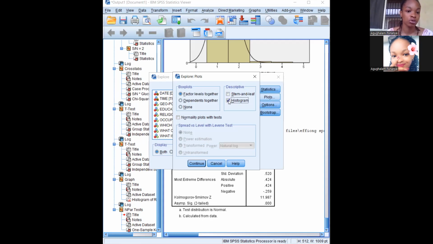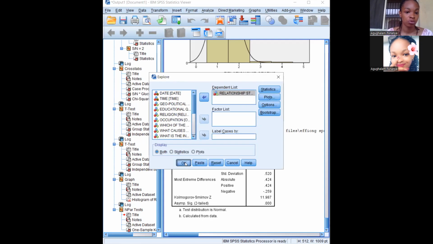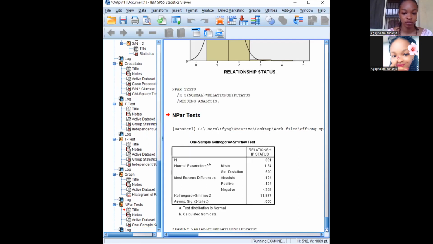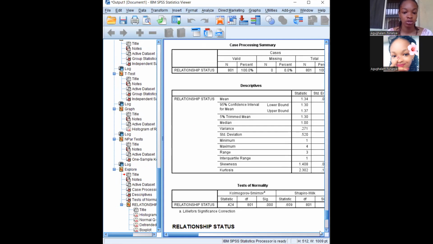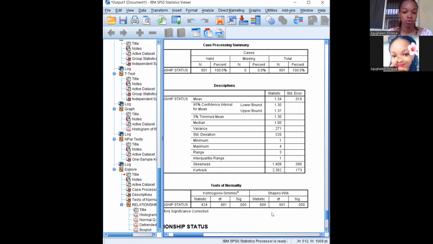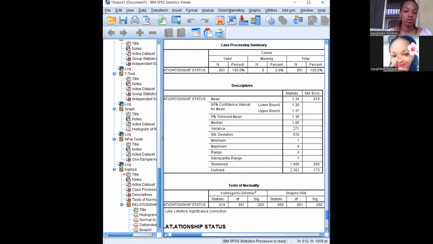Click on your histogram, click on normality plots with tests, click Continue, and click OK. If you follow this route, it's showing you the Kolmogorov-Smirnov and then the Shapiro-Wilk. Can you see?